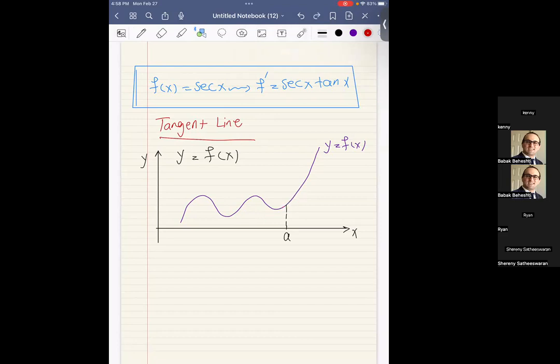It's a line like this. We say this line is tangent to the graph.